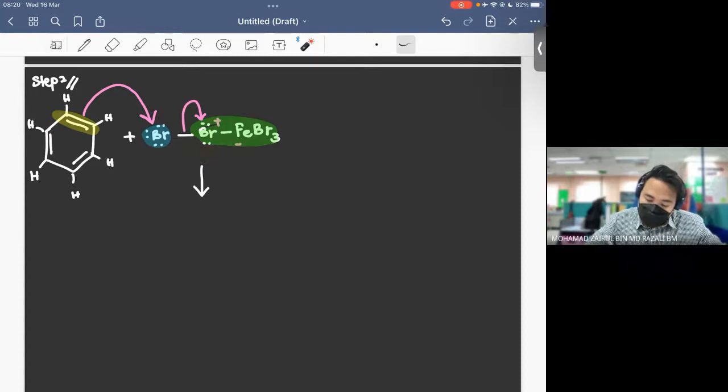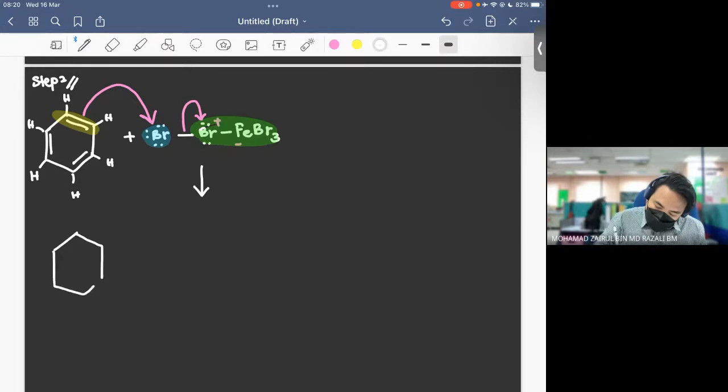So sekarang ini awak akan tengok, kita akan hasilkan hydrogen, ni Br, sebab kita dah tambah Br. Okay, double bond ni hilang. Sebab apa? Sebab kita dah donate 2 elektron, so tinggal single bond je. So double bond ini dengan double bond ini remain, sebab kita tak usik pun dalam reaction. So ni hydrogen.